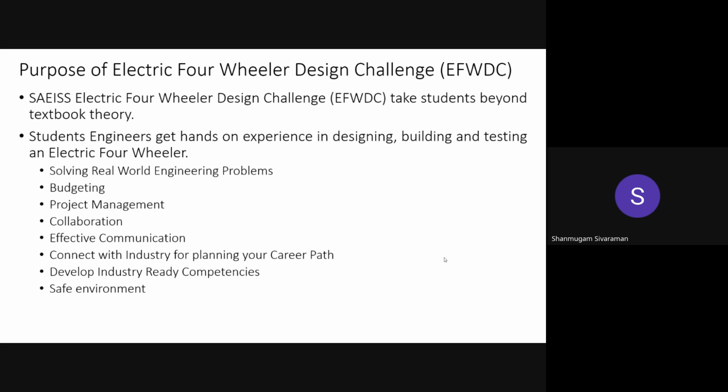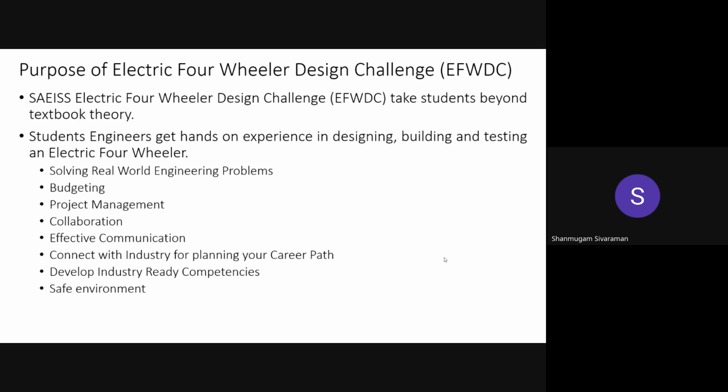Our electric four-wheeler is a multidisciplinary design challenge. It is mechanical engineering, electrical engineering, electronics engineering, and control engineering, and some amount of programming is required. So it doesn't belong to only one discipline.